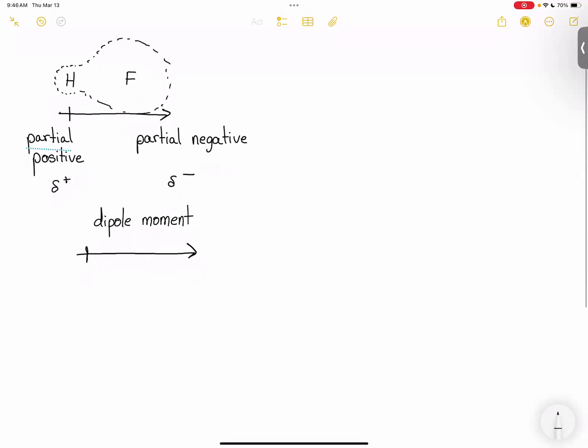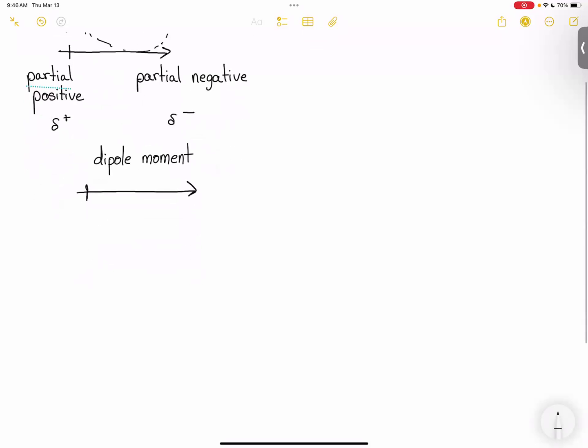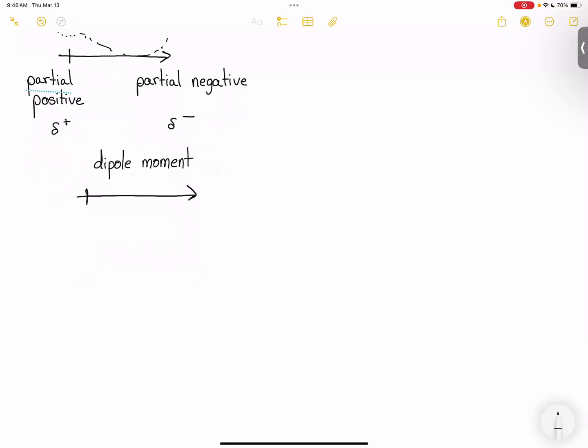Okay, so what are the possibilities that we might encounter with these electronegativities? Well, you can have what on my homework is a pure covalent bond.